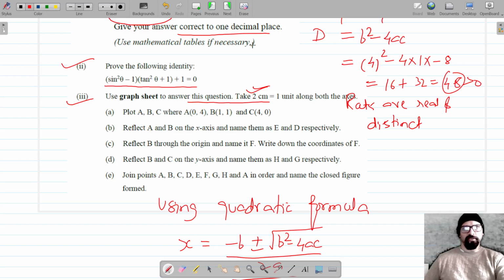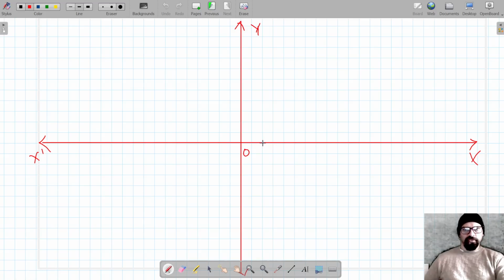Because this is the interactive panel, I'm going to take 2 divisions as 1 unit. So this is 1, this is 2, this is 3, this is 4, and this is 5.